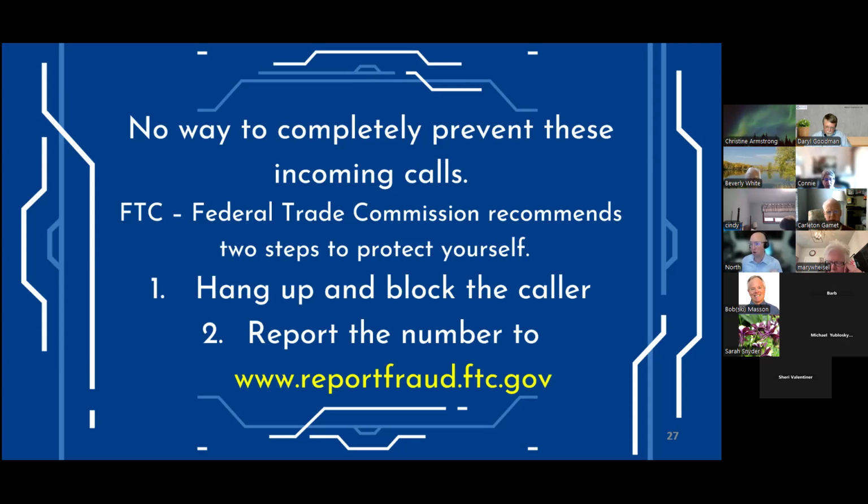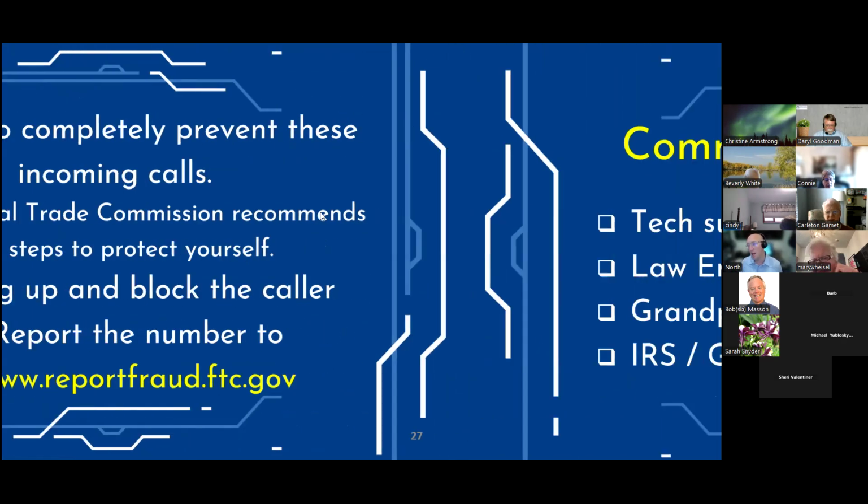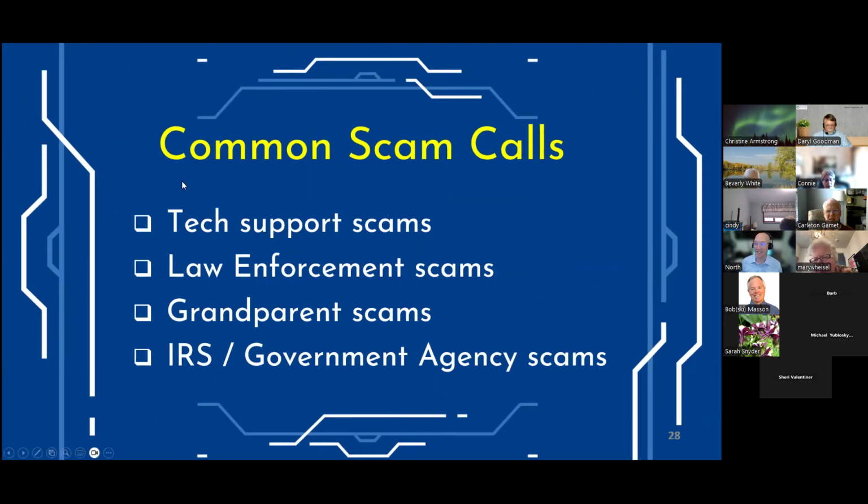And then number two, you can report the number to www.reportfraud.ftc.gov. Those are the words from the FTC on what you can do to help increase the number of spam call identifiers by reporting the number to the FTC. So really, unfortunately, that's all we can do as consumers to help with the scam call mitigation.